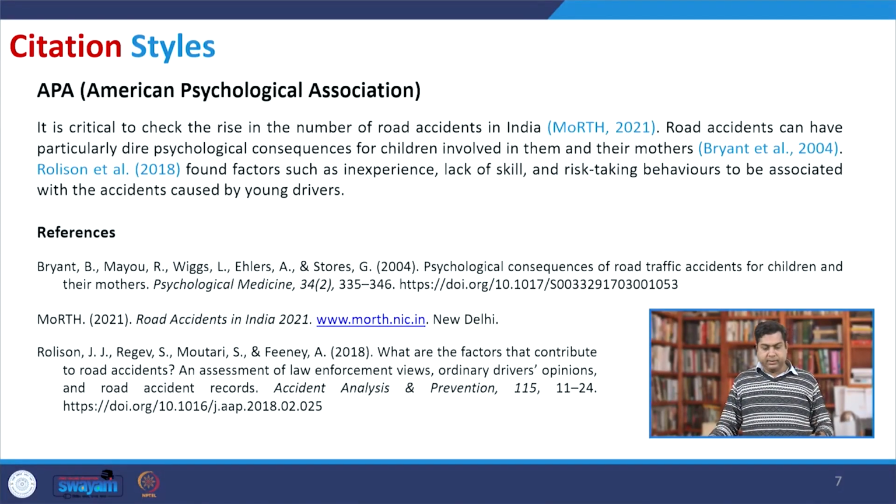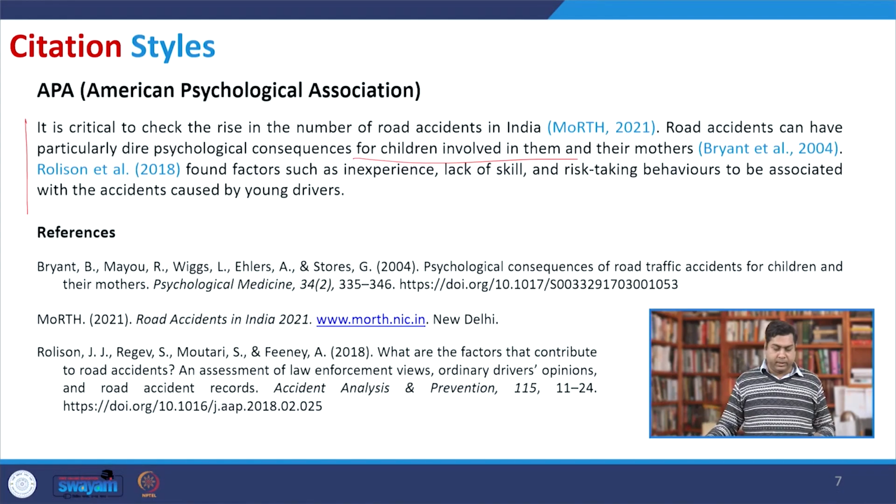Now, let us discuss this APA style, and this is a random write-up that I have written for you to showcase how it should look. This paragraph is just a write-up on road accidents, and there is a contextualization: is there any such kind of risk perception for those kinds of driving behavior, and also about child mortality.